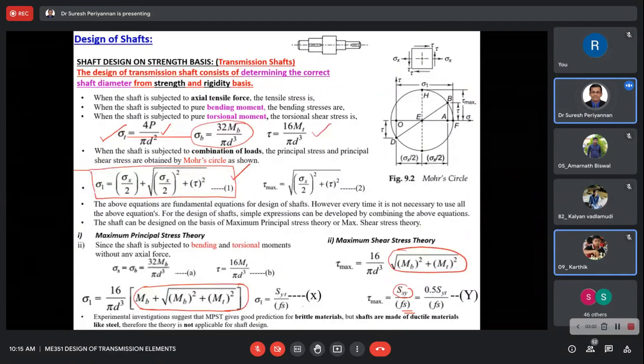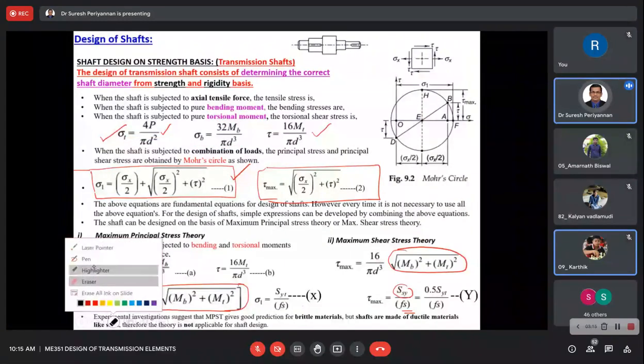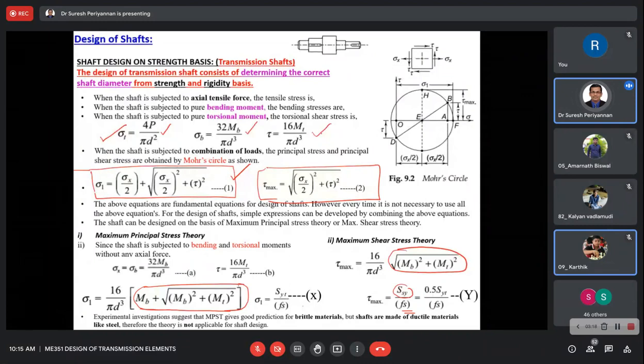This is nothing but the maximum principal stress, and this is the maximum shear stress. As we discussed, here we combine bending and torsion, then substitute sigma b and tau in these two equations, and we get sigma 1 is equal to 16 by pi d cube into Mb plus square root of Mb squared plus Mt squared.